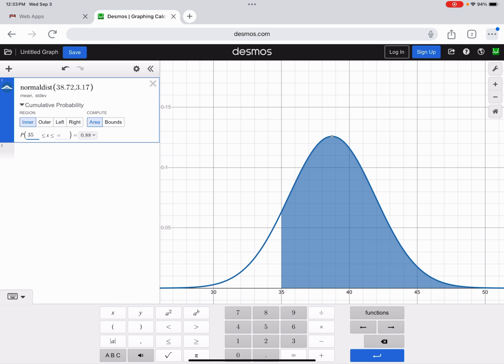So, right, between 35 and 35. And sure enough, it's 0, right? It's not even highlighting an area here because there would be no width to it. So there's no way to show an area here, right? The area is just 0.